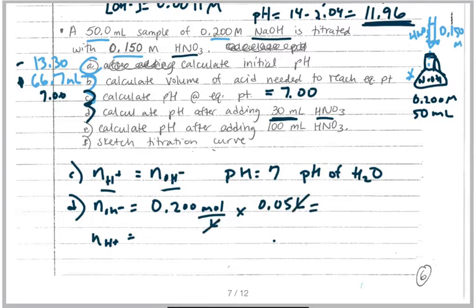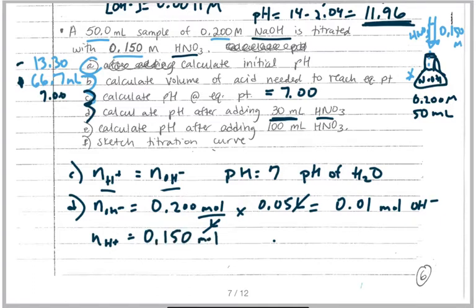That gives us the moles. I'm going to get my decimals wrong if I don't do this on a calculator, even though I should be able to do this in my head. 0.2 times 0.05 is 0.01 moles of hydroxide.